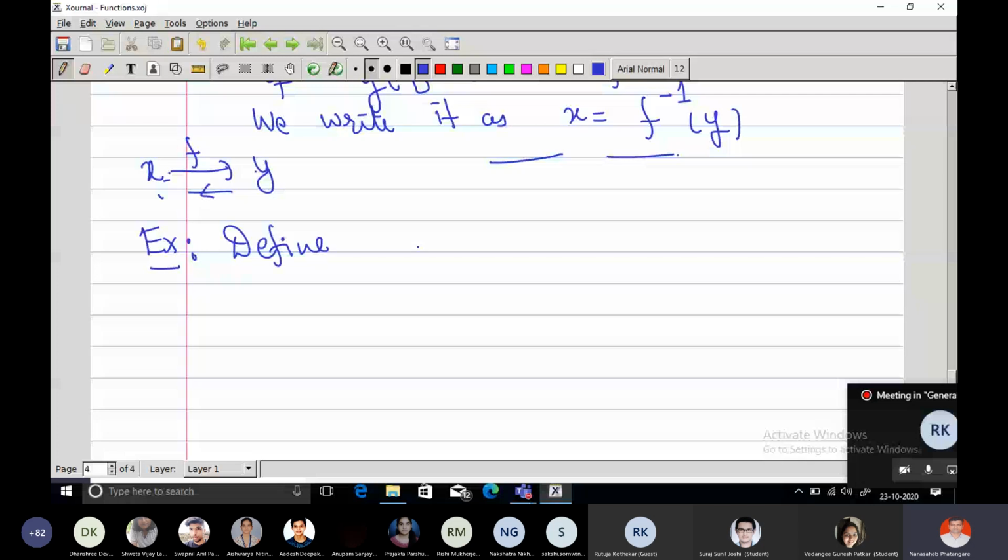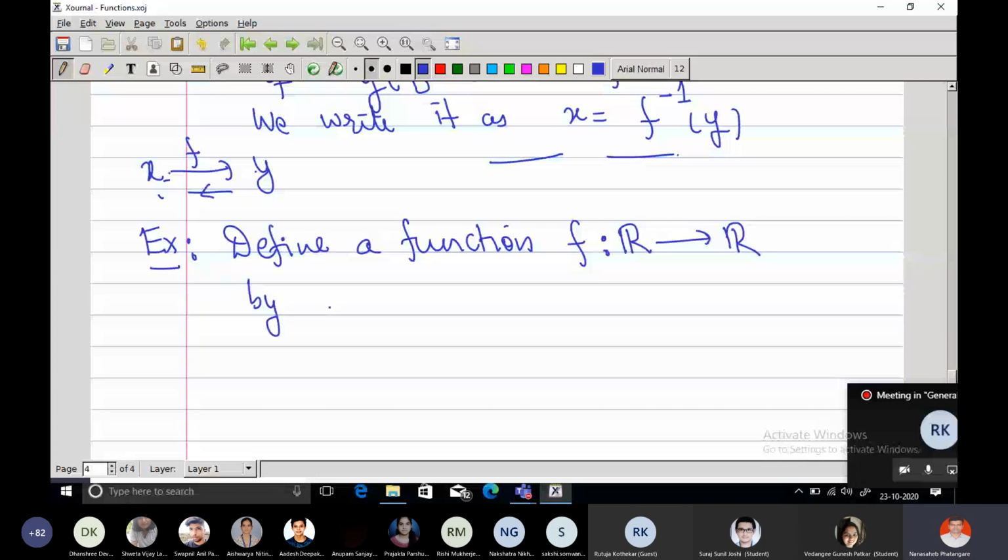To define a function f from the set of real numbers to the set of real numbers by f(x) is equal to x, right?